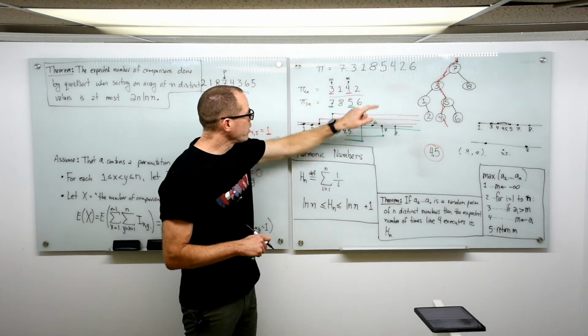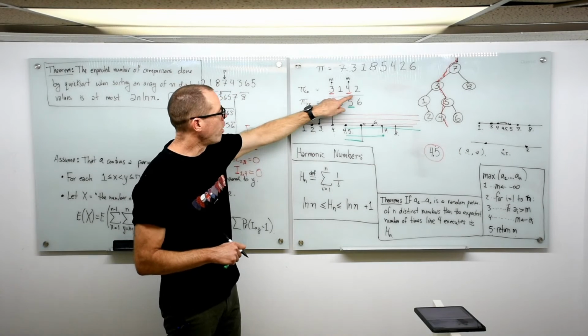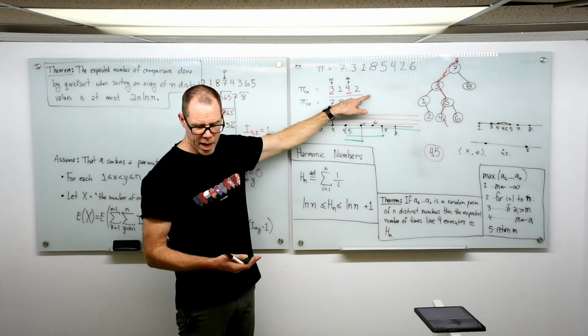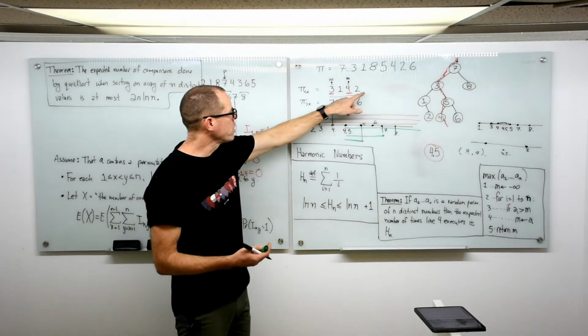Now this permutation is just the list of all things that were smaller than x. In this case, x is 4.5.